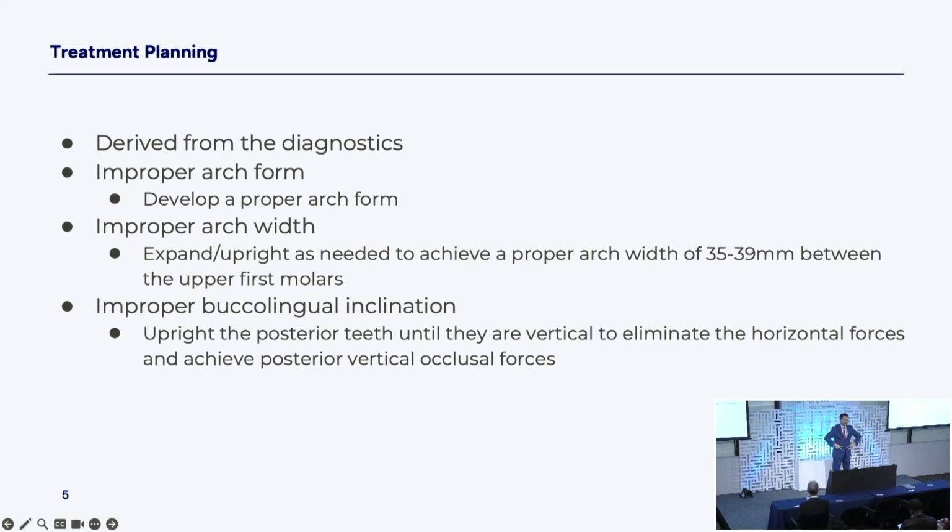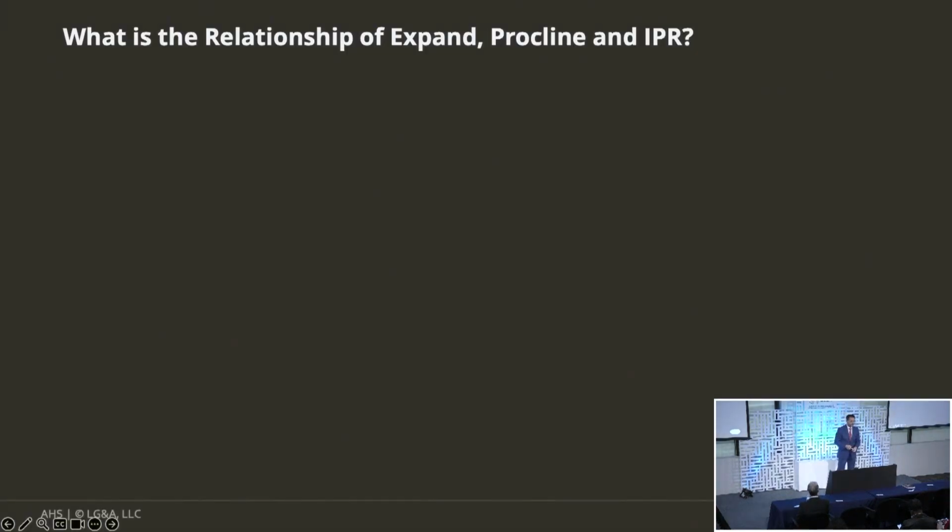So if your top teeth are leaning like this and you see that V shape in the buccal corridors open and dark, upright those teeth on the bottom, upright the teeth on the top, and next thing you know, you are eliminating the horizontal forces and achieving vertically loaded posterior teeth. You are delivering occlusal trauma to occlusal health. Occlusal trauma to occlusal health. Very simple. Arch form, arch width, and inclination, and you're healing your patient here.